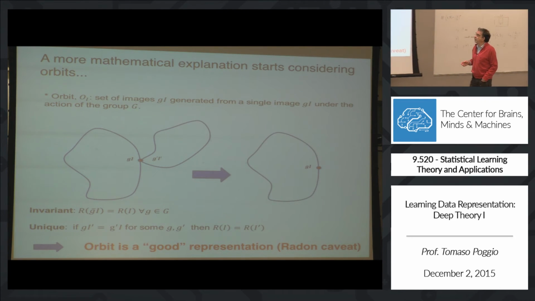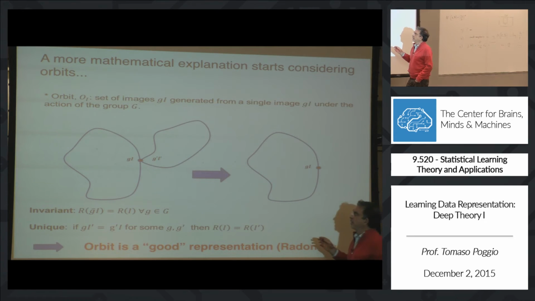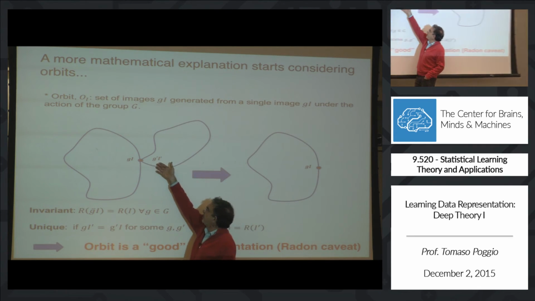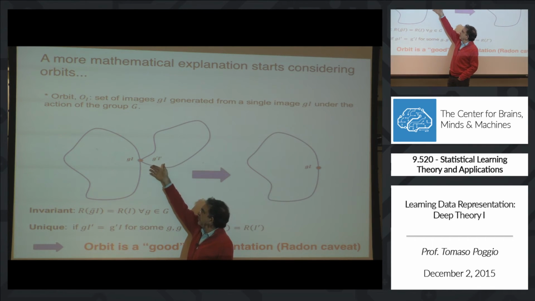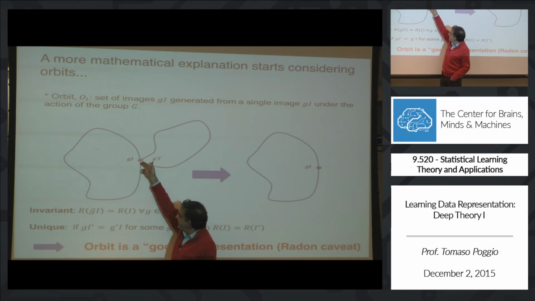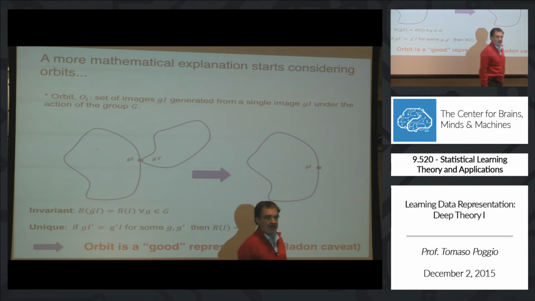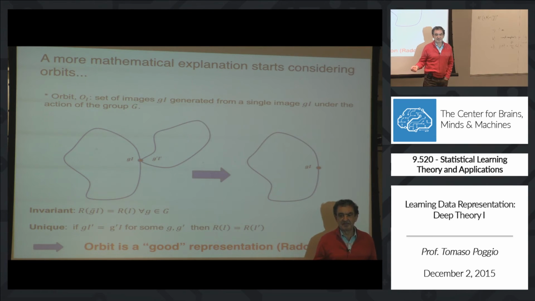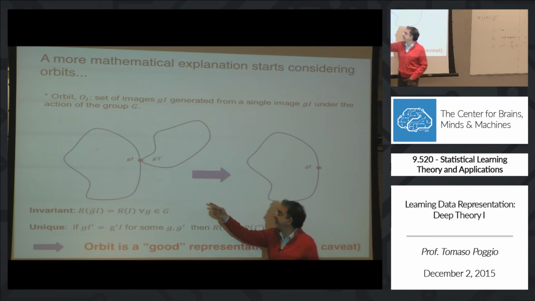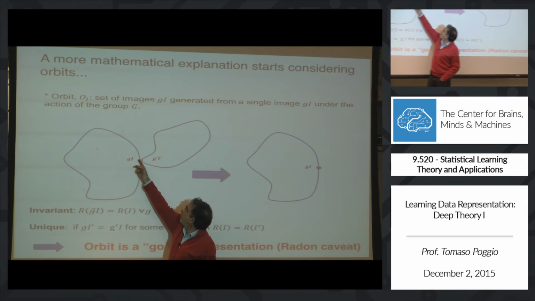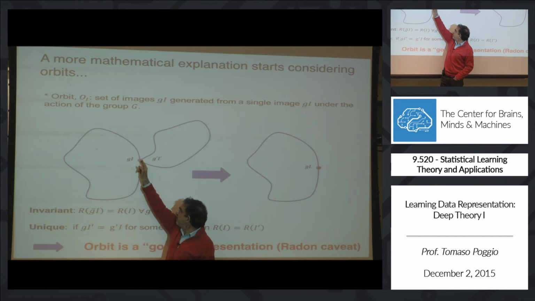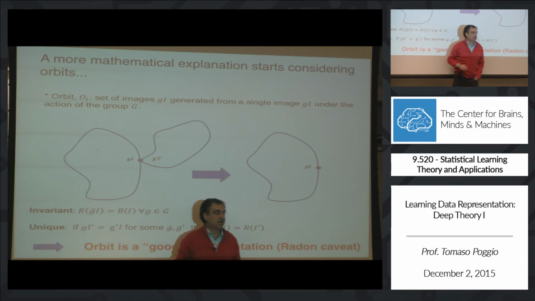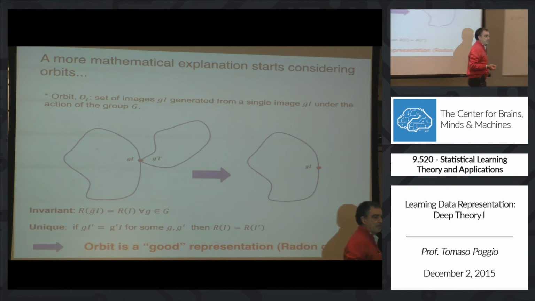Now, suppose that I have the similar orbit for a different object. Suppose they touch or intersect, then they should be the same, because I can generate every point of this orbit starting from this one and acting on it with elements of the group.